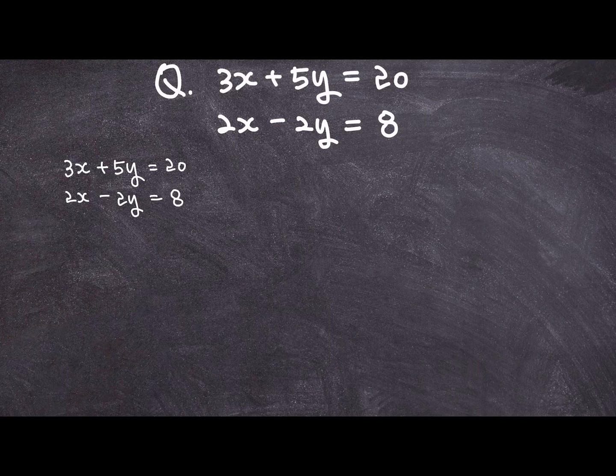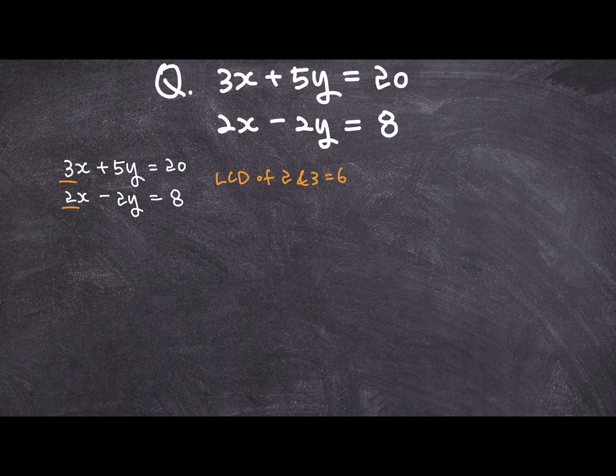And in order for me to do that, I need to make the coefficients of x equal to each other. And I will do that by using LCD. Now, what is the LCD of 2 and 3? Well, it's 6, right?